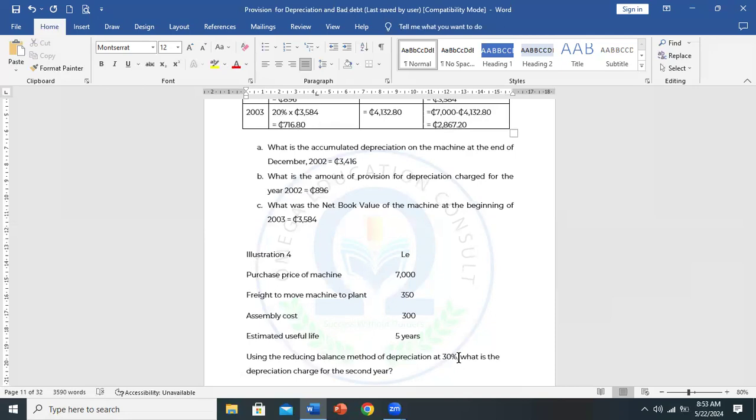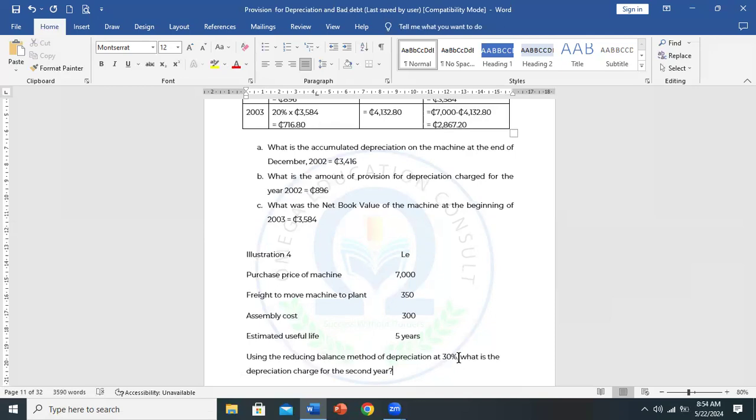Okay, so in answering your question, all the provisions in accounting are estimates. Okay, we predict that this is the possible loss. Yeah, this is the possible loss that we are going to make. Hence, we should set an amount against our profit to cover that possible loss.